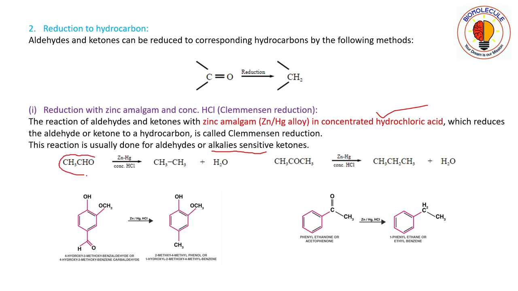So see here, that is acetaldehyde, we are reducing it with zinc amalgam in concentrated HCl, we are getting alkane and one molecule of water. Similarly acetone, same reaction conditions, we are getting propane. Now note here that this CHO is converted to CH3 and this CO is converted to CH2.